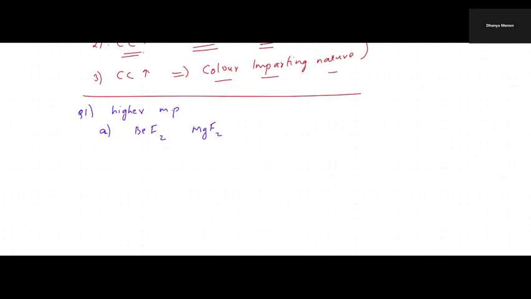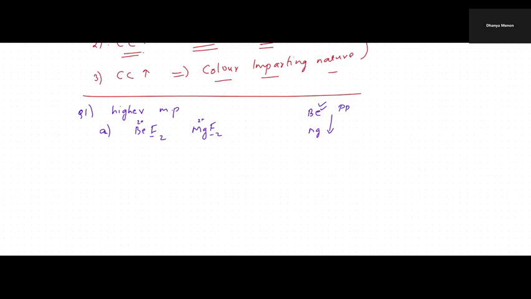So both the anion is the same. So we check with the cation. For cation, the charge is the same. So we go with the size. Beryllium, magnesium. So as you're coming down, the size is becoming more. So for beryllium, because the size is small, polarizing power is more.